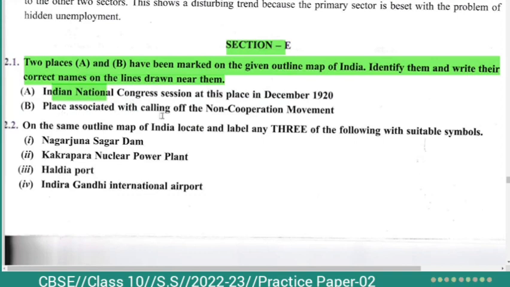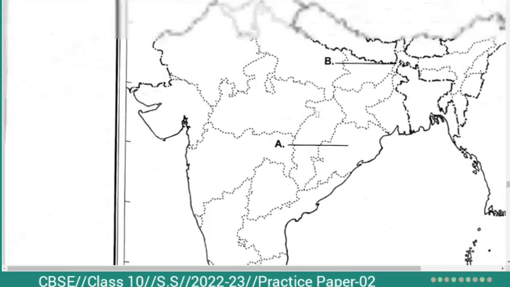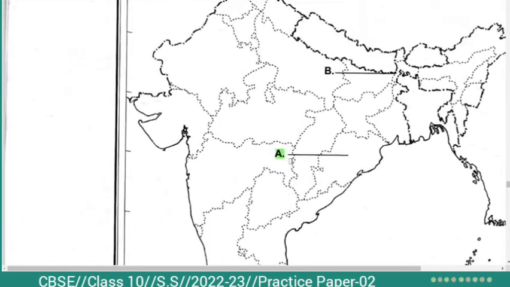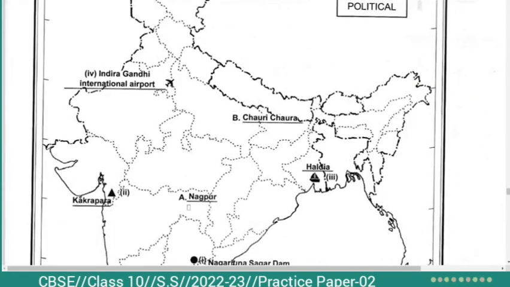B is the place associated with the calling off of the non-cooperation movement. It is Chauri Chaura. So A is Nagpur, B is Chauri Chaura.